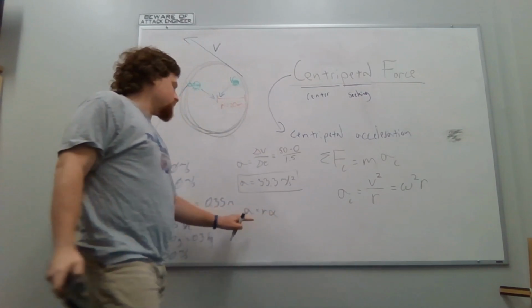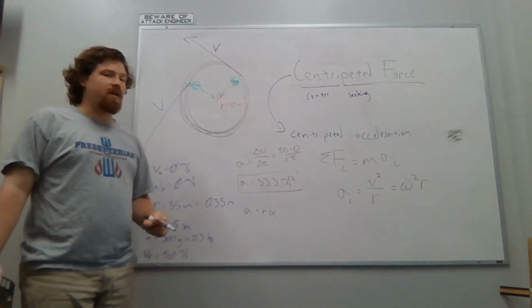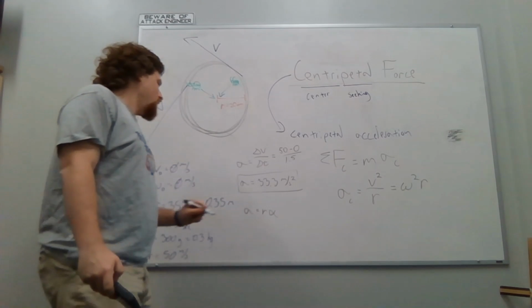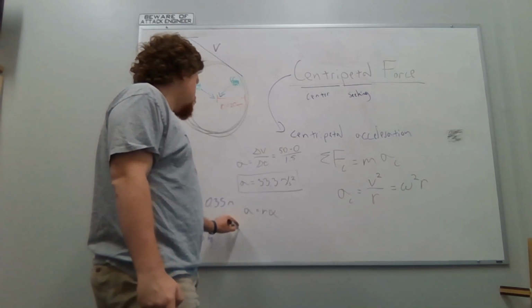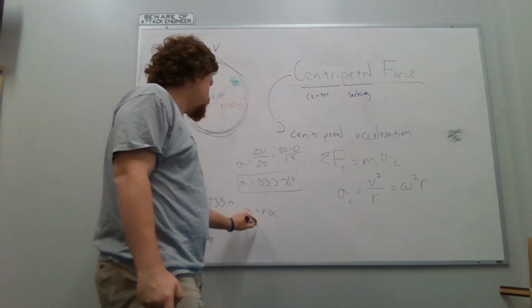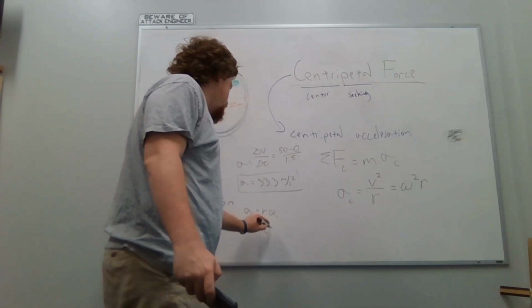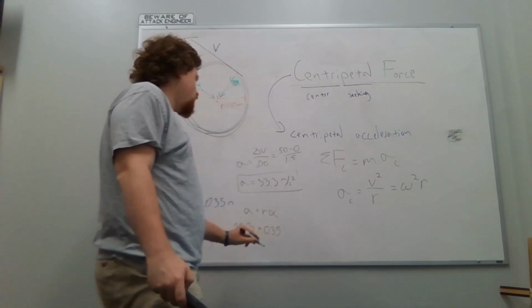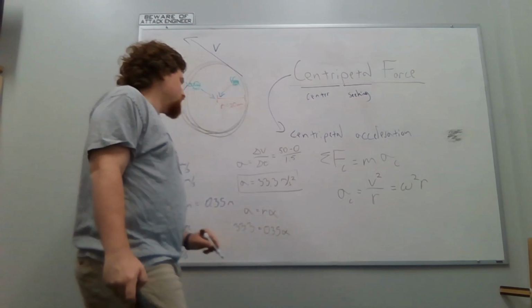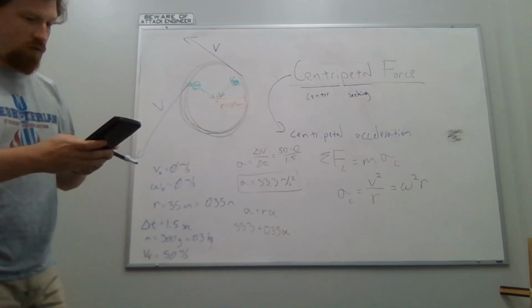We have linear acceleration equals radius times angular acceleration. So, we just solved for the linear acceleration. We can plug in 33.3. That is going to be equal to the radius of our sling, which is 0.35 meters, times angular acceleration.